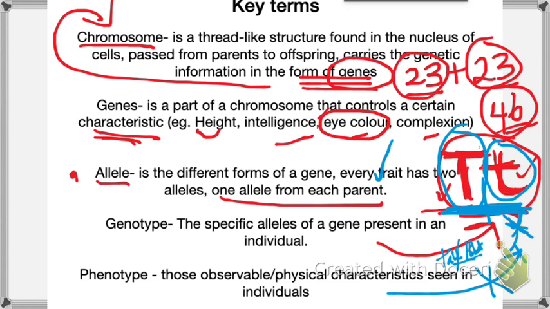Alleles are different forms of genes that you inherit from both parents, mother and father. Your genotype would be the specific set of characteristics that you inherited from both parents, right? Your phenotype would be those observed characteristics.